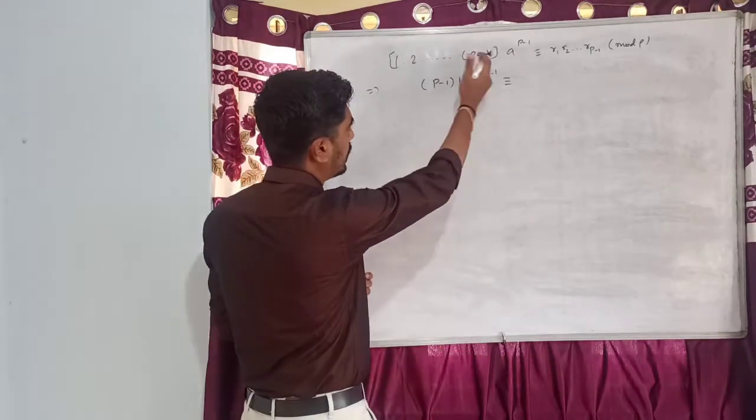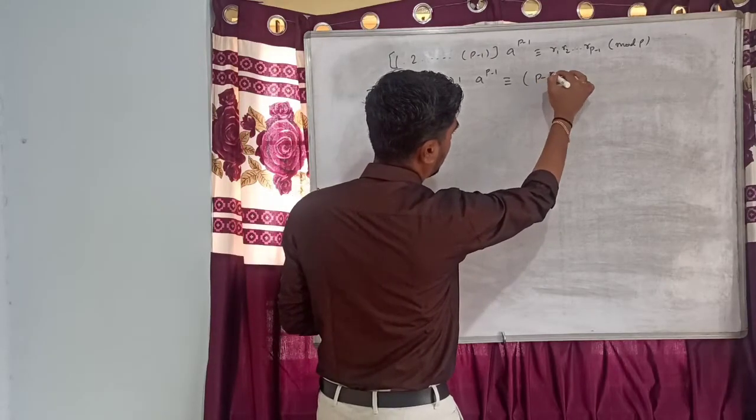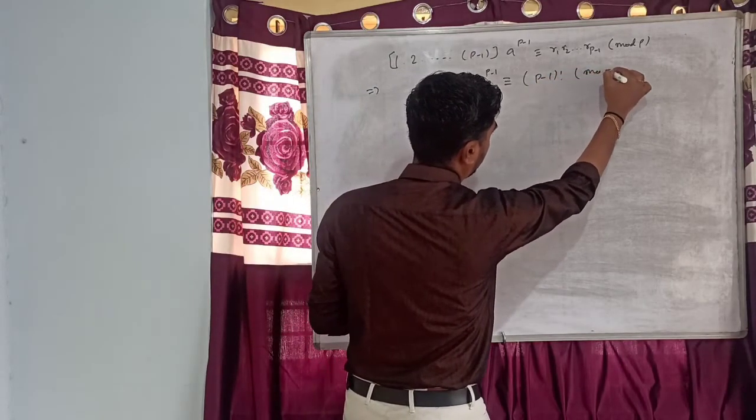So this product is the same as this product. Here we get P minus 1 factorial modulo P.